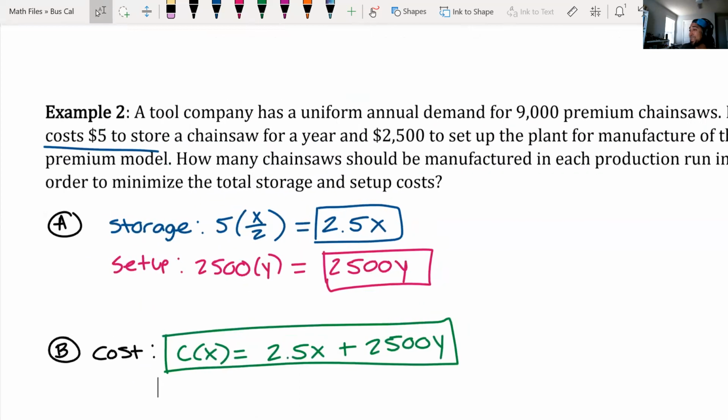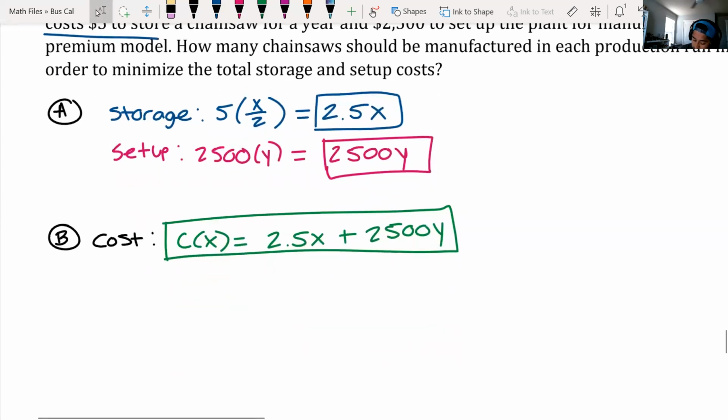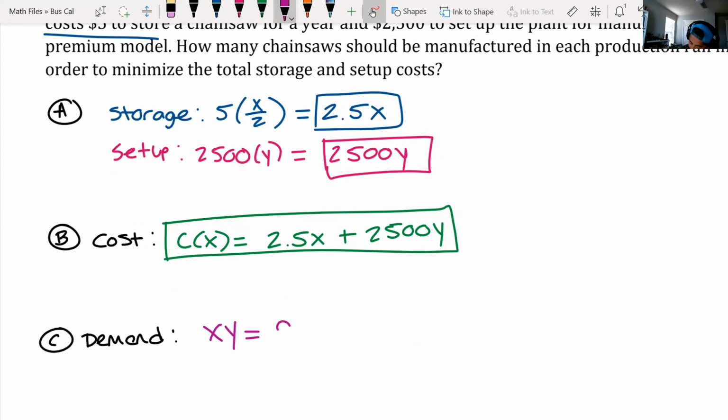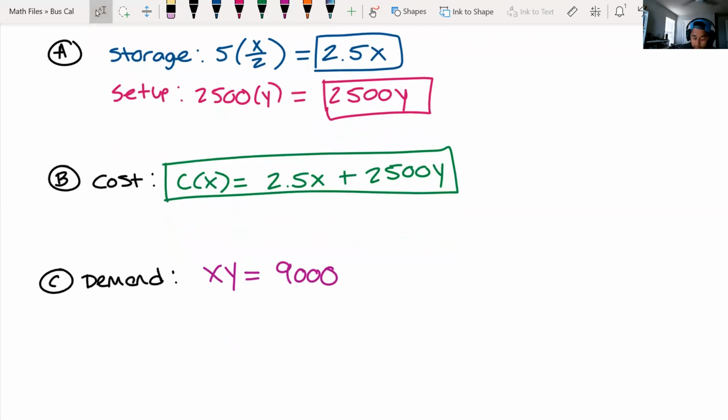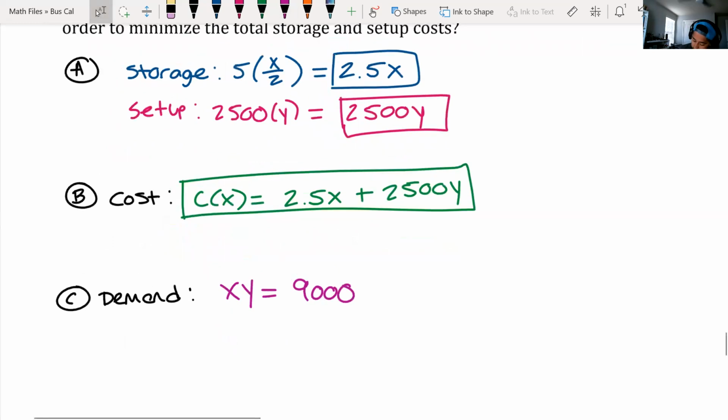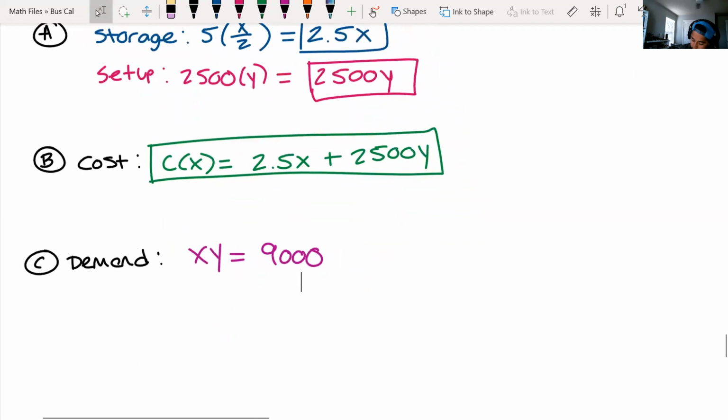It says that 9,000 chainsaws are demanded. So for demand, we have XY equals 9,000. Solve this for Y, and you'll get Y equals 9,000 over X.